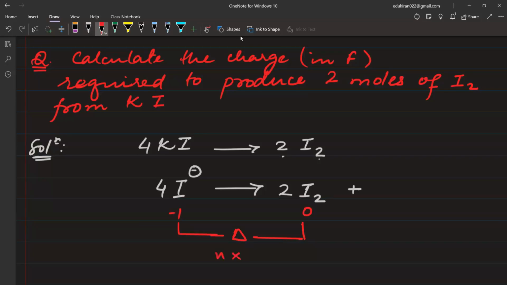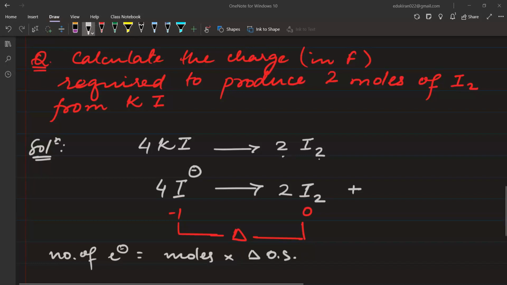So number of moles into 1 will be equal to the number of electrons. ऐसे लिख लीजिए, number of electrons is equal to moles into the change in oxidation state. कितने मोल्स हमारे पास? 4 मोल्स है, चेंज कितना हो रहा है? 1. कितने इलेक्ट्रॉन्स निकल जाएंगे बताएं? How many electrons will be removed? 4. 4 electrons. ठीक है, याद रहेगा आसानी से। Yes, sir.